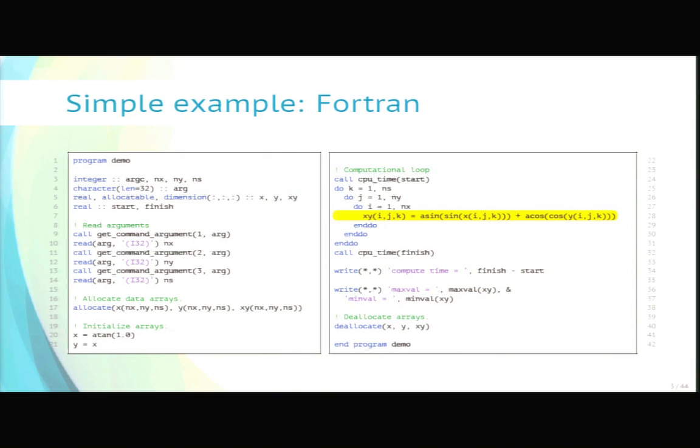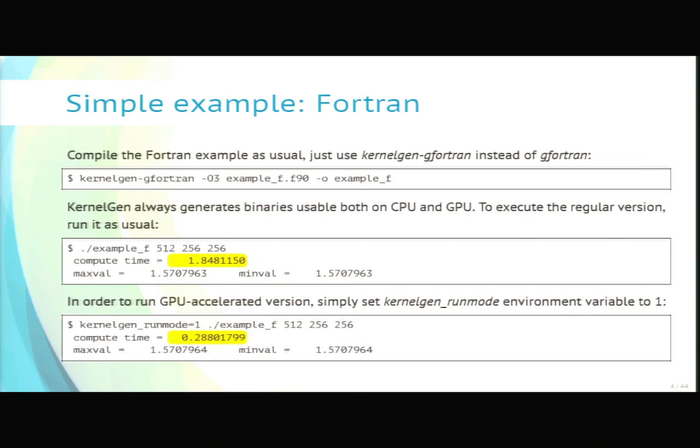So here we have a simple example of a Fortran program, which is doing some computations in a large 3D loop. So what can KernelGen do about this? In the usual Linux environment, you will probably compile this program with GFortran or some usual compiler.